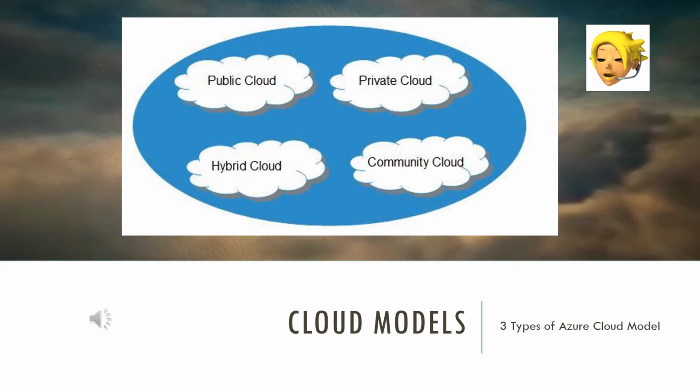Usually organizations go for the hybrid cloud, which is the third deployment cloud model. Whatever applications they can use publicly over the internet, they go for the public cloud, and whatever is confidential, they go for the private cloud. So the combination of that is a hybrid cloud.